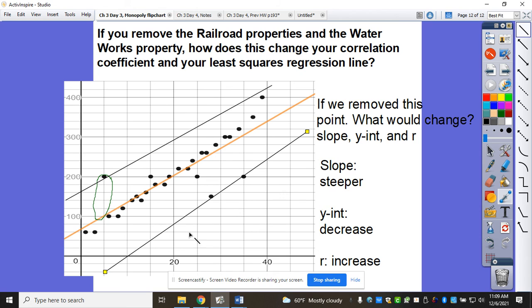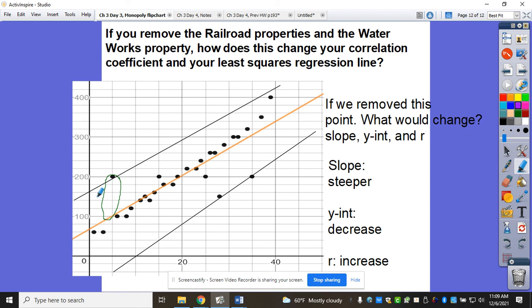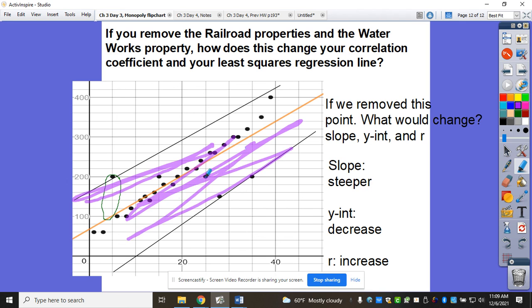If I take out any outlier, what's going to happen to how well I can predict them? I'm going to be able to have less to cover than I did here, which means your r is going to go up. But how did you know the r increases? Just by that idea. If you take out an outlier, what's always going to happen to your r? It's going to increase.